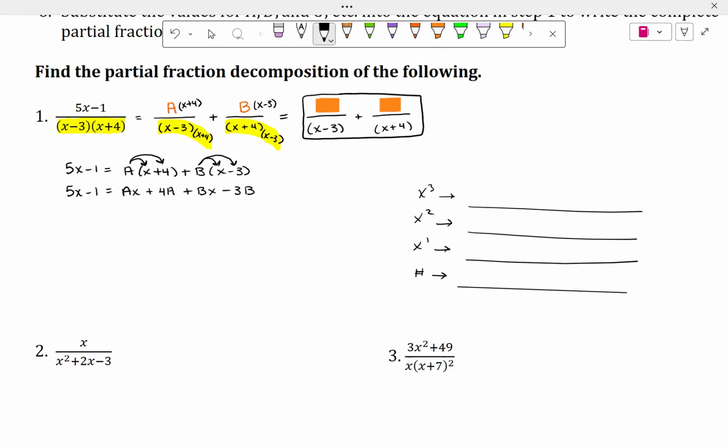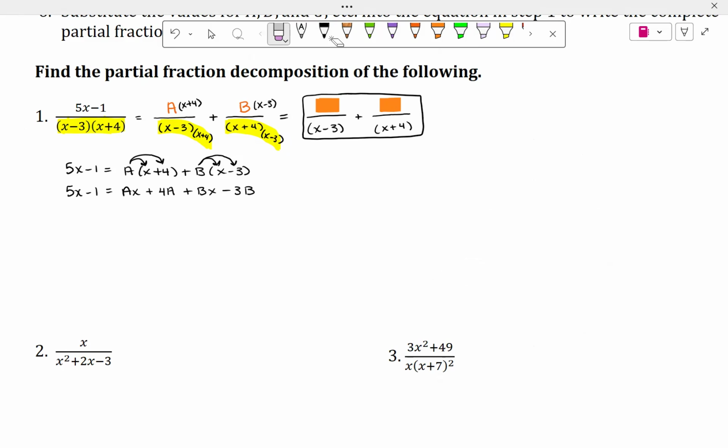Okay, I only have x to the first and constants here, so I would only have 2 rows for the system. And so I'm going to start off with my x row. So my x to the first row, I look for any terms that have x in it. So there's a 5x, an ax, and a plus bx.